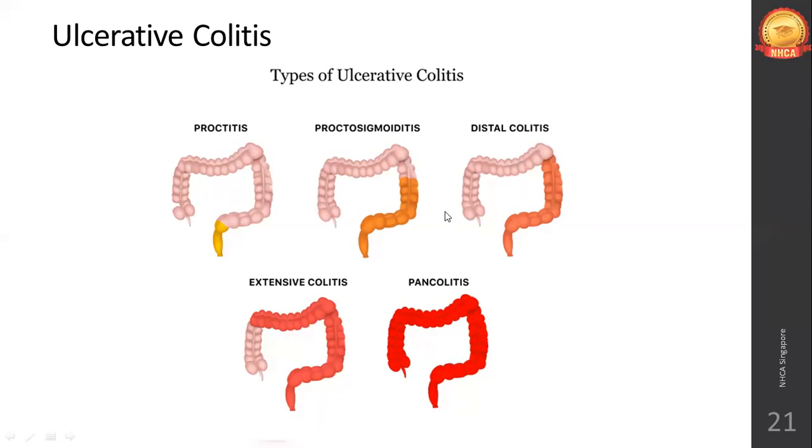Fiber should be restricted. Diarrhea can be corrected. Probiotic medications or probiotic food can be given to give some relief. And if the energy requirement is based on the BMI, usually 30 to 35 calories per kg body weight has to be maintained.